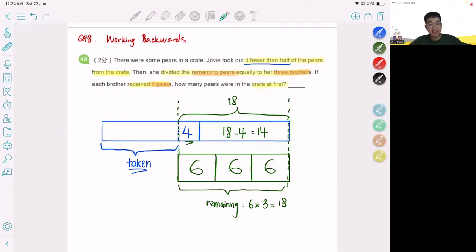At the start, I have this many pears, half of it is mentioned here. So if 1/2 is 14, that means the total number of pears at first will be 14 times 2 equals 28. And that's why I will have 28 pears in the crate at first. All right, so this is how we do this question using a bar model.